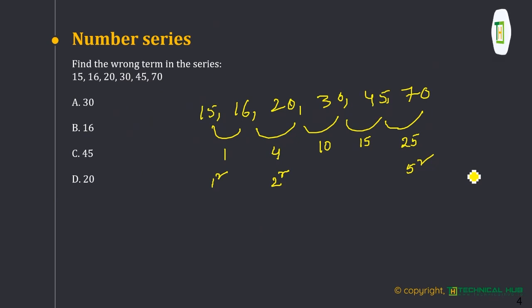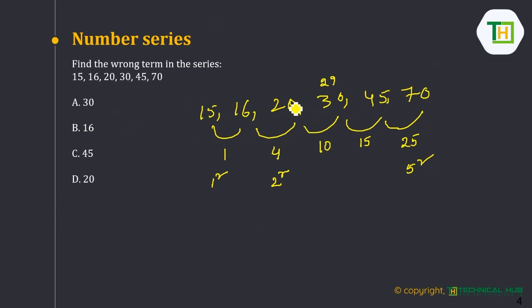Assume 30 replaces 29. Suppose 30 is wrong. Once this fails, go for 45. Suppose this fails, go for another number.